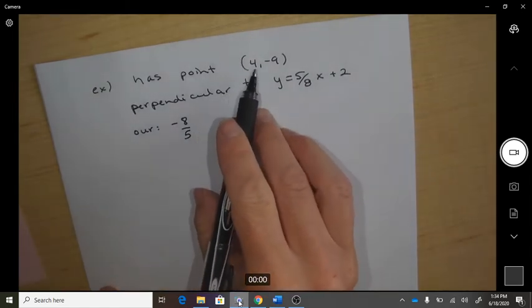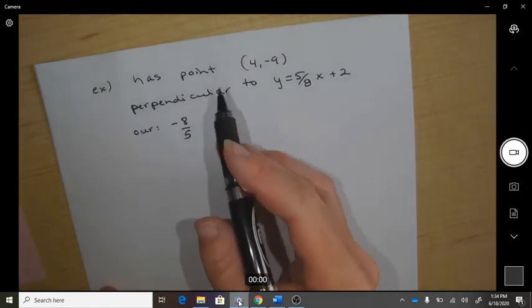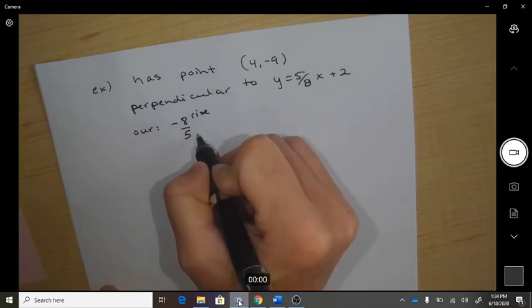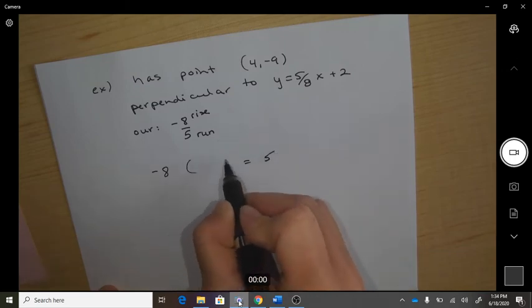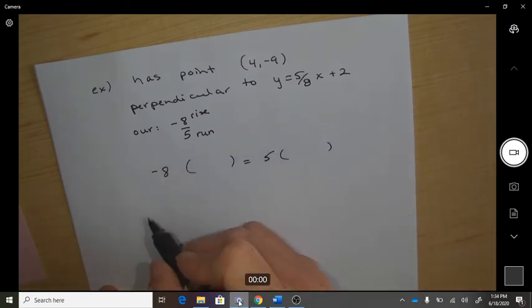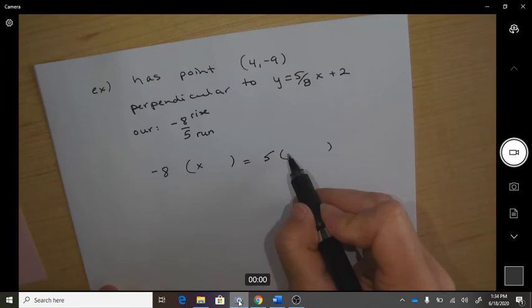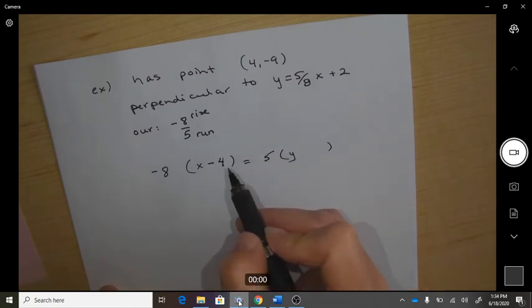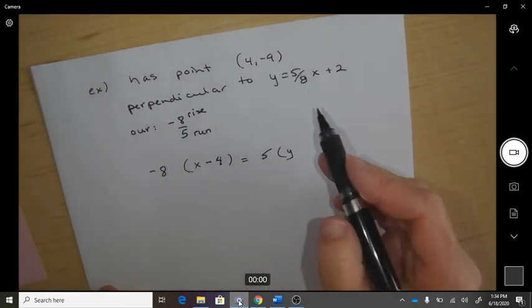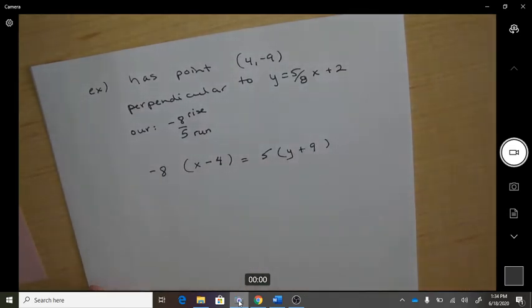Okay, and we're given a point, so I'm going to use the same point slope form. So that's my rise and my run. Rise, run, x, y, minus the point coordinates, 4, and when I minus a -9, I add 9.